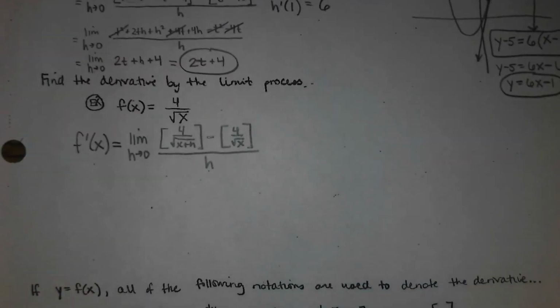What would this one have? I actually think this one was on your last test. It was a radical one like this. How are we going to manipulate? Can we factor? Can we rationalize the numerator?